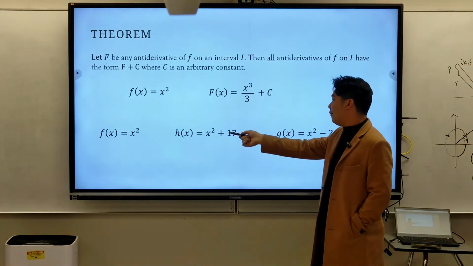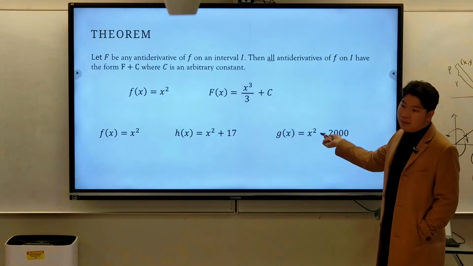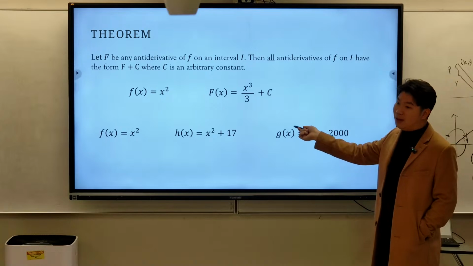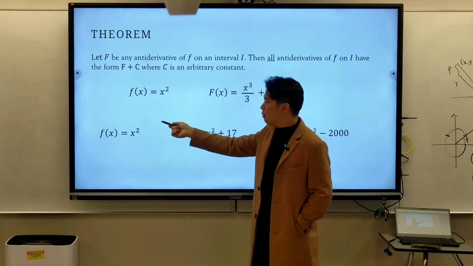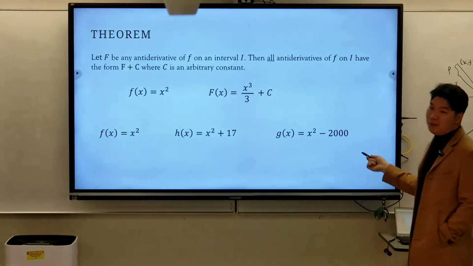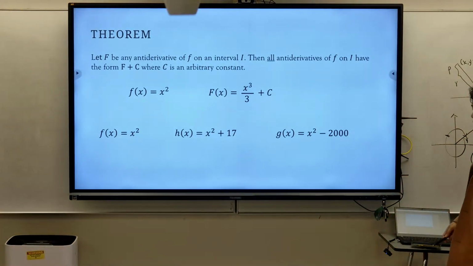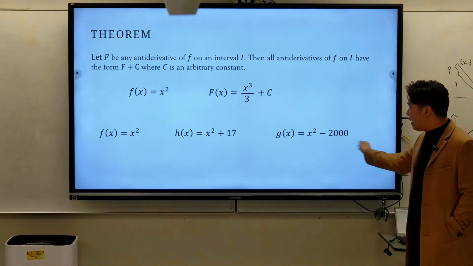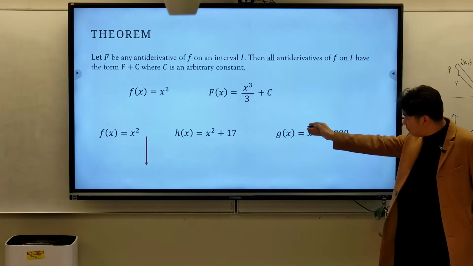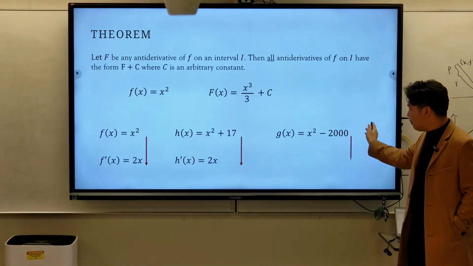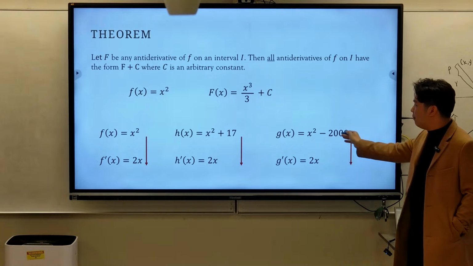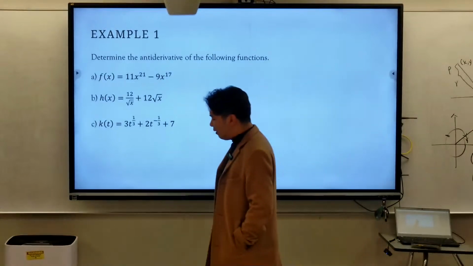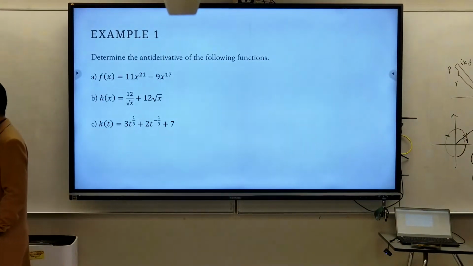All of these still have the form x squared plus or minus a number, so all of these are examples of antiderivatives of this function. These are all part of the same family. Here, this is reiterating that our derivative is the same. All right, so let's go ahead and look at our first example about the antiderivatives.